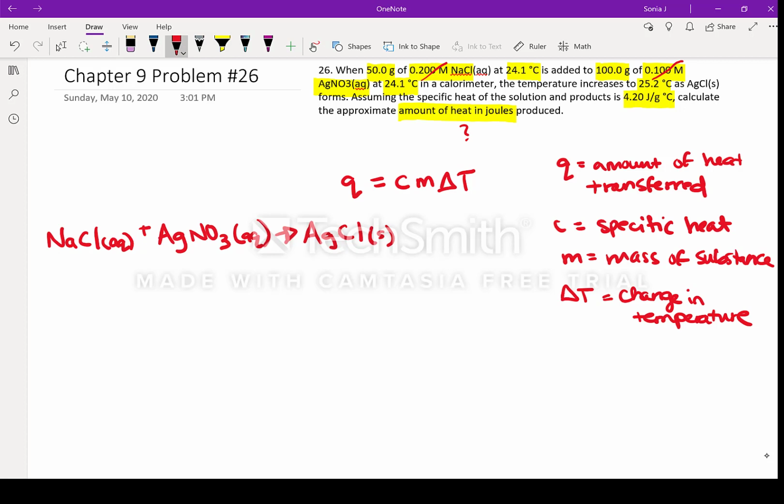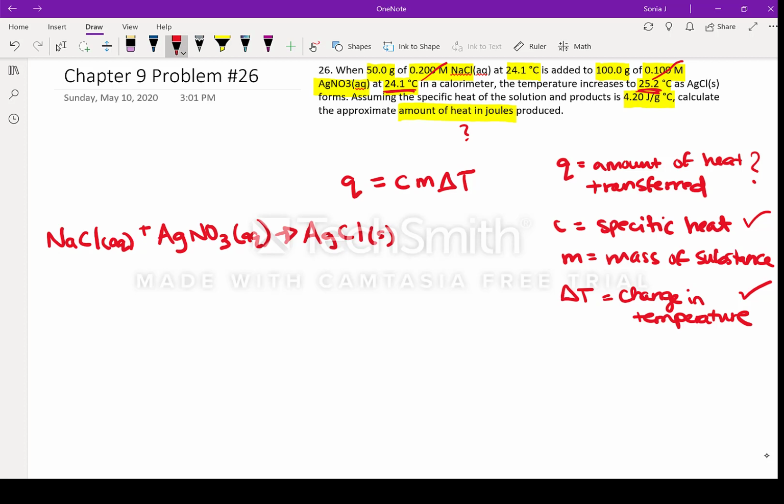We know the change in temperature is going to be the change from 25.2 degrees Celsius to 24.1 degrees Celsius. Well, it was actually the other way around. It went from 24.1 to 25.2. But if we subtract that, we'll get the change in temperature. So we've got our temperature change. This is what we're trying to figure out.